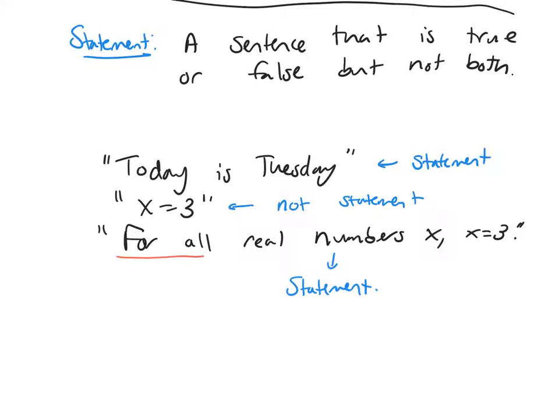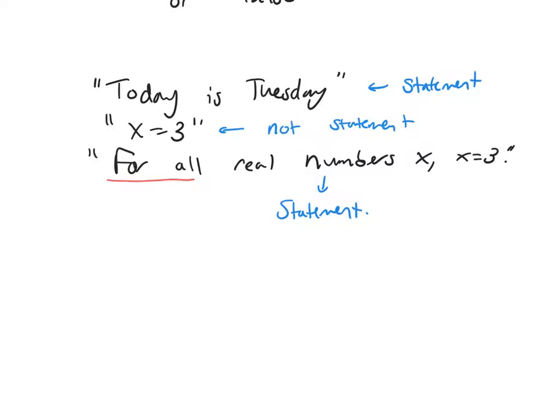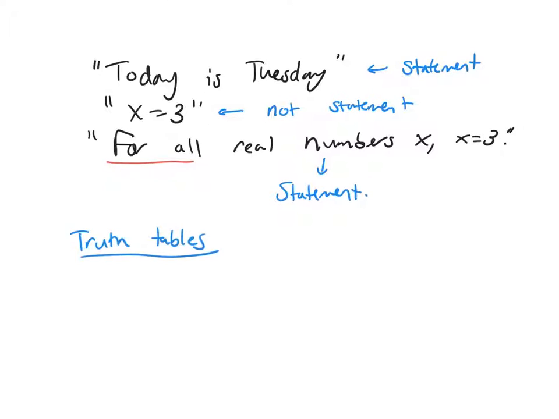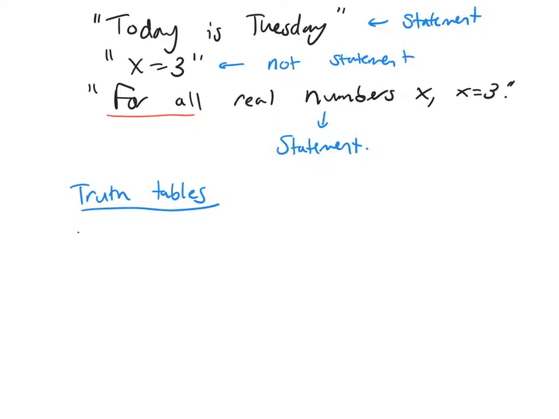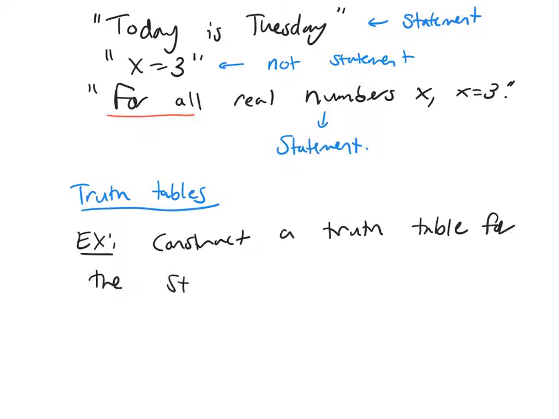So then we talked a lot about truth tables. So let's look at a few examples where we construct some truth tables. Construct a truth table for the statement form P or Q and not (P and Q).